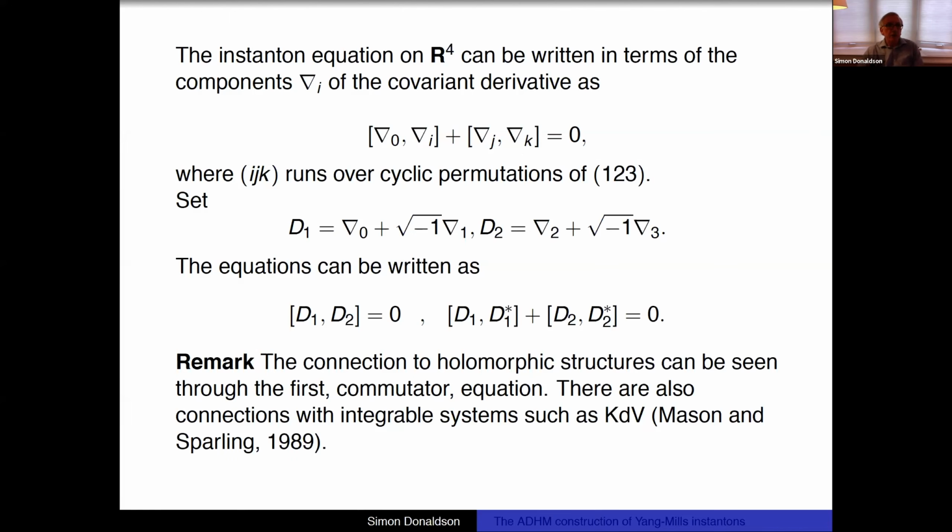Now let's take complex combinations. Let's write d1 as grad 0 plus i times grad 1, where i is the square root of minus 1, and similarly for d2. Then the instanton equations can be written in terms of the d's as saying that d1 and d2 commute, and then the bracket of d1 and d1 star, plus the bracket of d2 and d2 star, sum to 0.